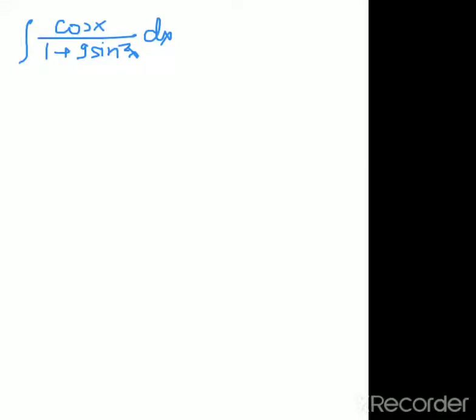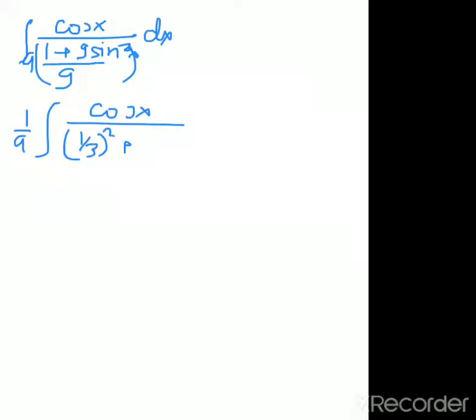Either I must divide by 9, which will make it a little easier, otherwise we need to let 3 sine x as t. So when I'm dividing by 9, I need to multiply by 9 also. So it will become 1 upon 9 integral cos x upon 1 by 3 whole square plus sine x whole square dx.